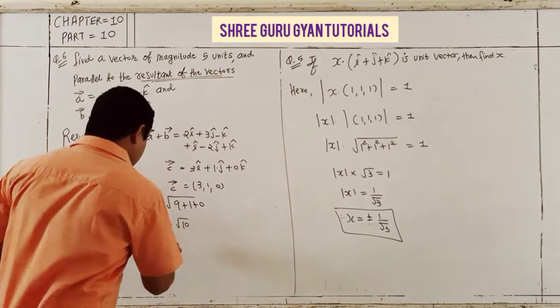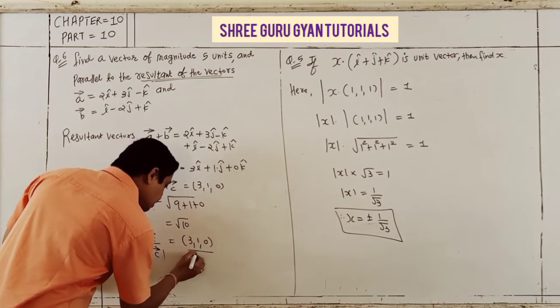Now see, I know that C cap is 3, 1, 0 by root 10.